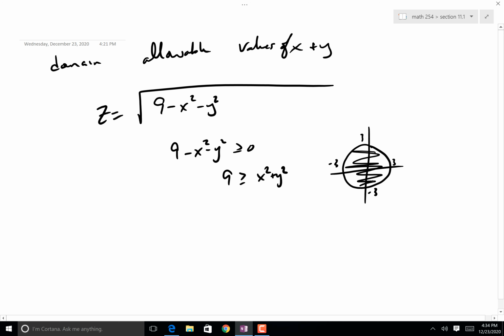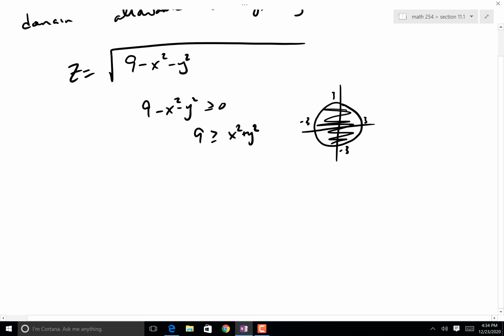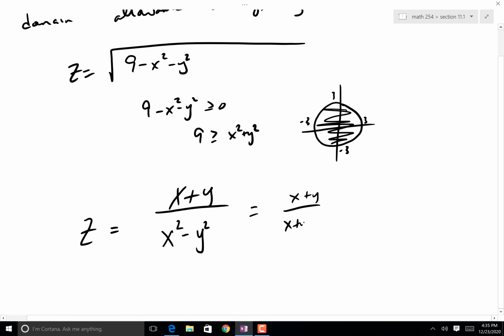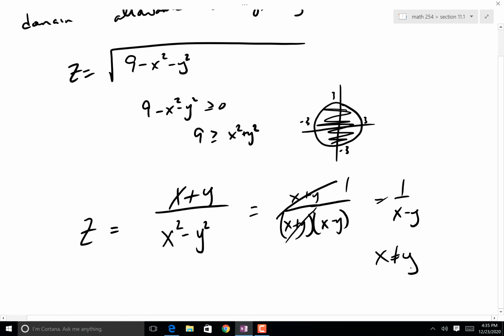Now, you're like, well, do another one, Jay. Okay, I will. Interesting. What do we know here? The denominator can't be 0, but I also feel like we could factor it. x had better not equal y, otherwise we have a problem.